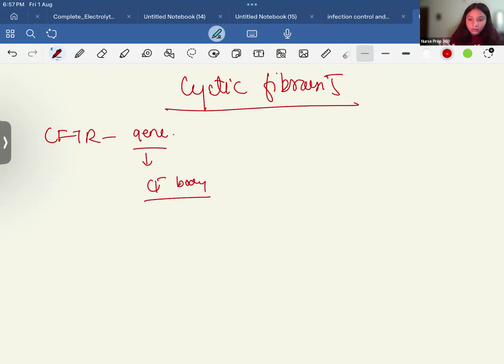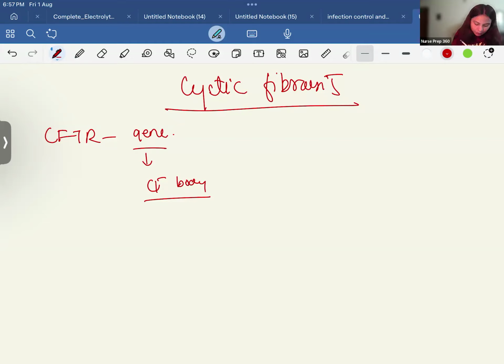Whenever a patient is having a problem with this gene, we cannot balance our chloride in the body, and chloride is very much essential for our body to maintain the sweat, and sodium and chloride work together.